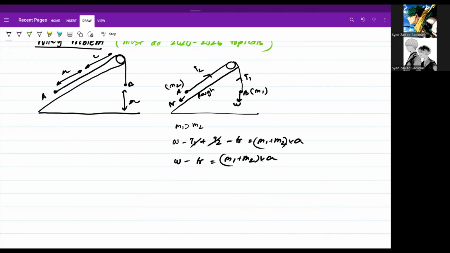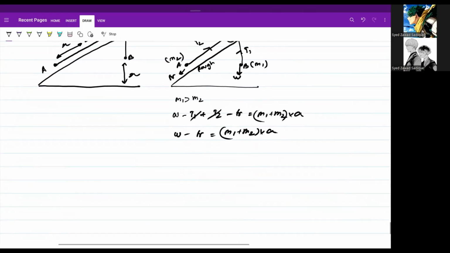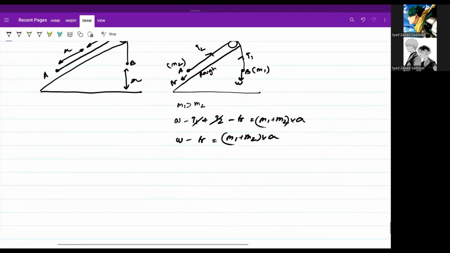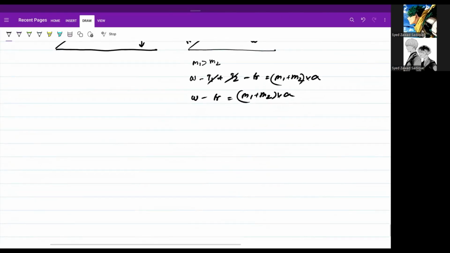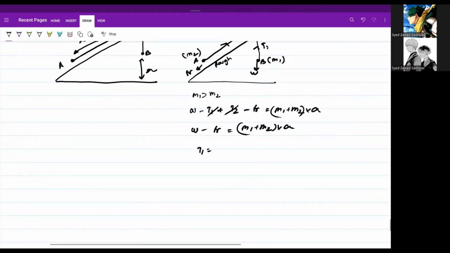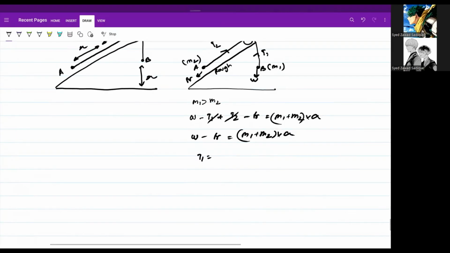And if they tell you to find tension, simple. Weight minus T1 equals mass times combined acceleration. So weight minus mass M1 a equals T1, which equals T2.